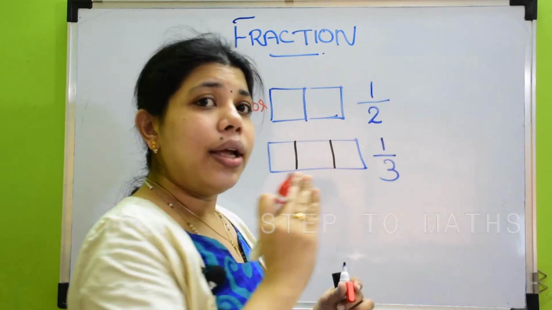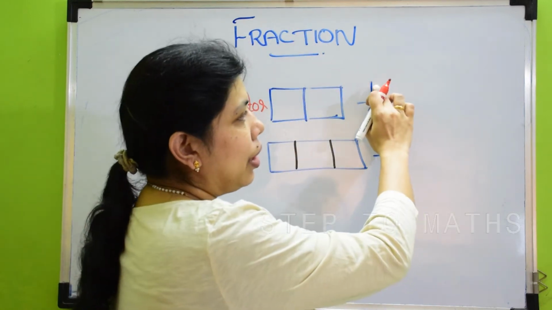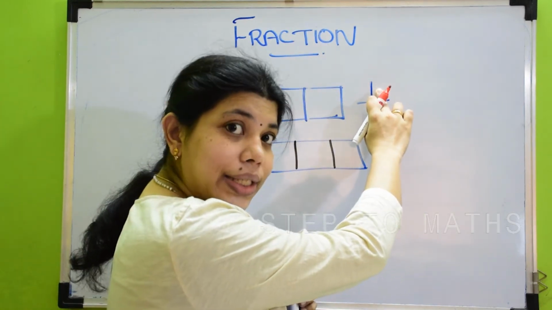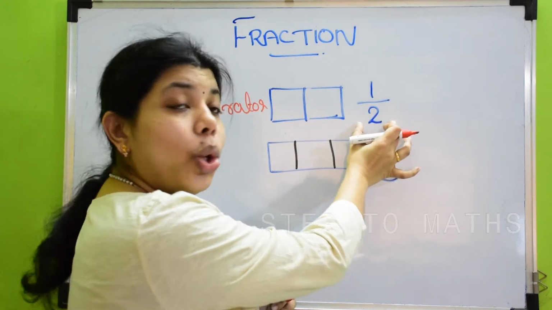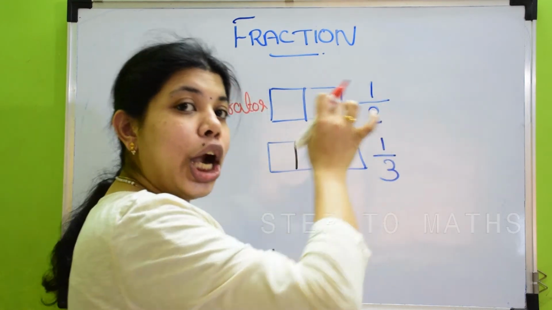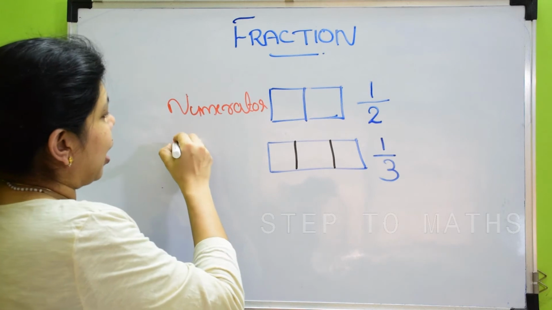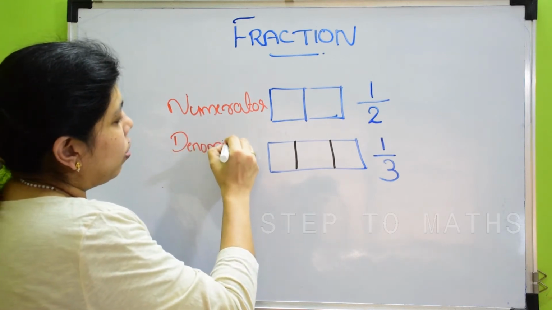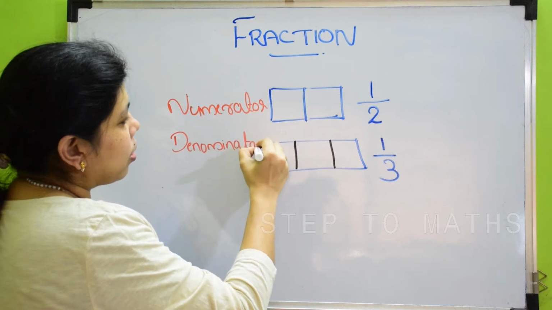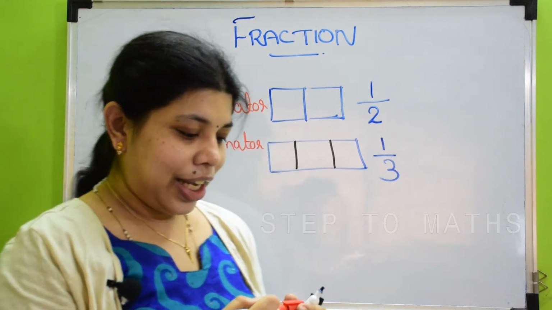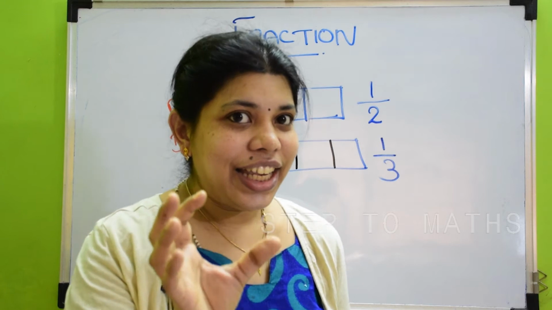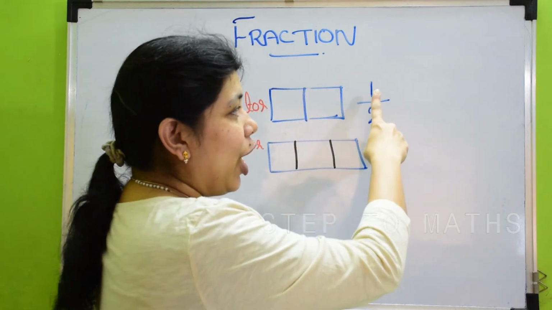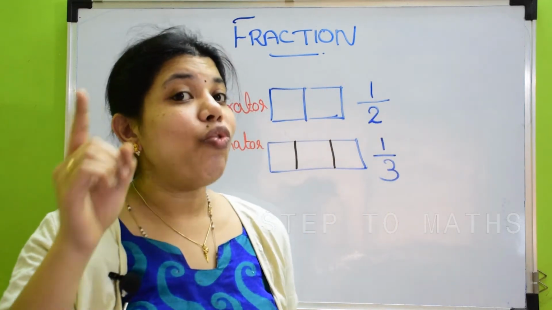The number above the line is known as the numerator and the number below the line is known as the denominator. What does the denominator represent?